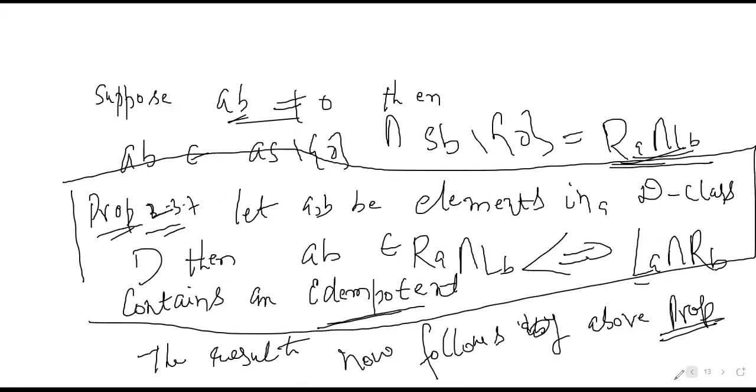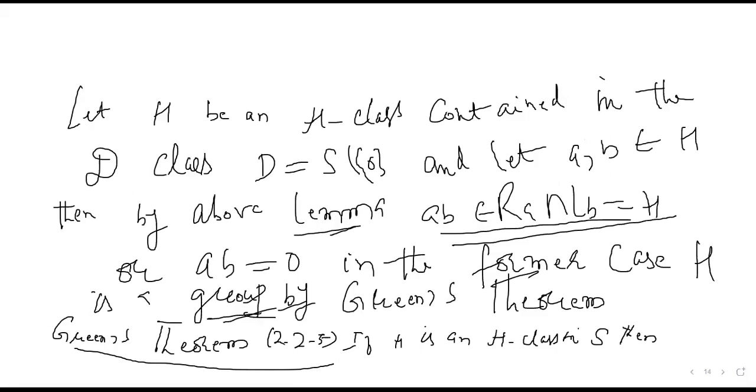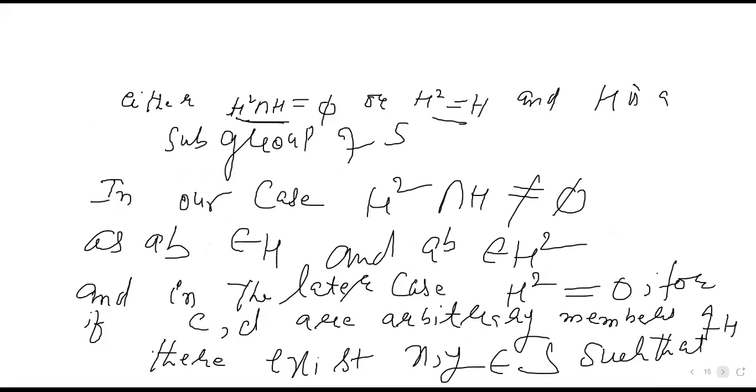It means that if you take any H class within this regular D class S minus 0, and you choose any A, B in H, then by the above lemma you have this condition: either AB belongs to R_A intersection L_B, which is H, or this product is 0. अगर पहली कंडीशन होगी तो H ग्रुप होगा, अगर दूसरी कंडीशन होगी तो H स्क्वायर 0 होगा. H स्क्वायर 0 होगा मींस H भी 0 होगा.